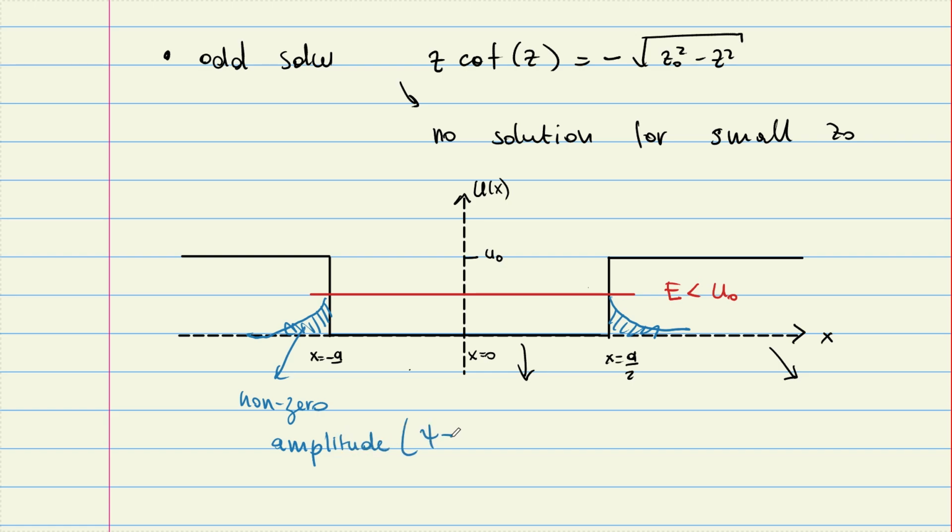What this means is psi is not zero inside the wall. If this was a classical problem, there would be no way, like if you put a ball inside and its energy is not high enough to go over the wall, you cannot find the ball here. But quantum mechanically, that's not the case. Quantum mechanically, there is a finite probability that you find your particle here. It leaks inside the wall. And that's what we sometimes call quantum tunneling. At least that's what is going to be related to quantum tunneling.